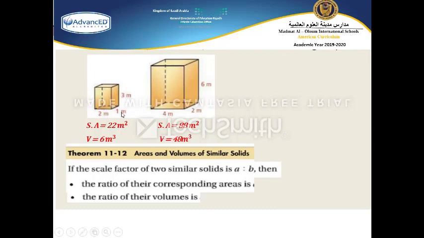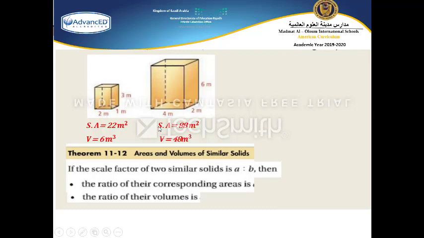The side 2 and the side 4, 2 over 4 equals 1 over 2 after simplifying. The side 1 and its corresponding side 2 also give 1 over 2. The third one, 3 and its corresponding 6, 3 over 6 equals 1 over 2.